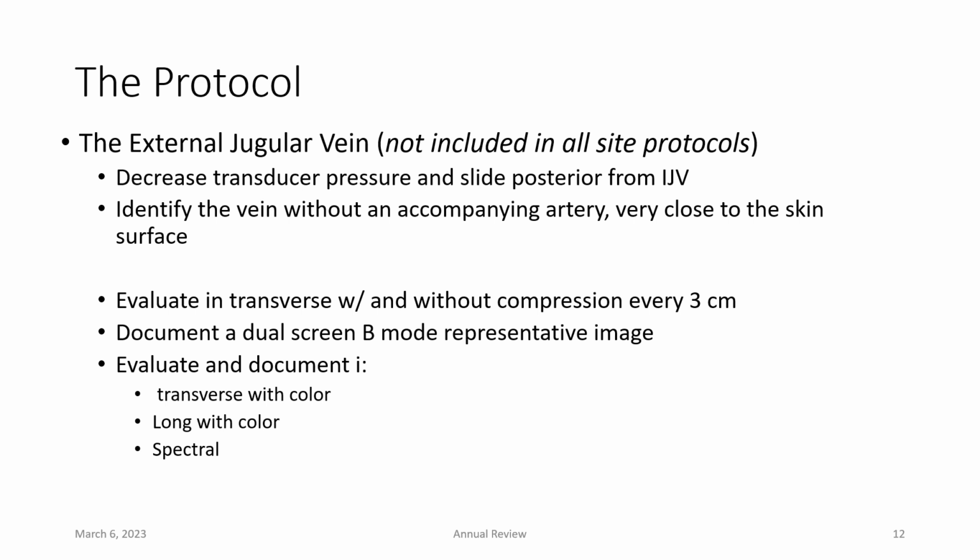With this, again, as I've mentioned, you're going to evaluate this in transverse with and without compression every 3 centimeters. You'd want to document with representative images at the proximal, mid, and distal. And then you would want to add color flow, and then also you're going to want to add your spectral Doppler as well.